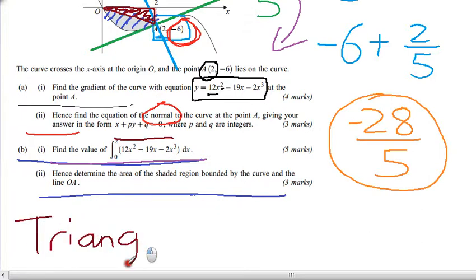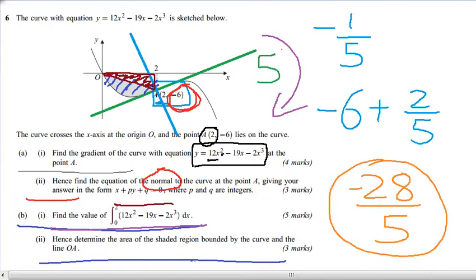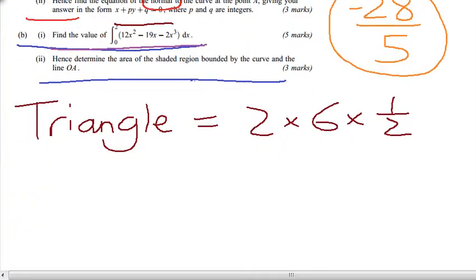Our triangle is going to be 2 times 6 times a half. Because the triangle is height times base times half, and this side here is 2, this side here is 6. That's just given to us by a being 2 and minus 6. So the triangle is 2 times 6 times a half, which is 6.